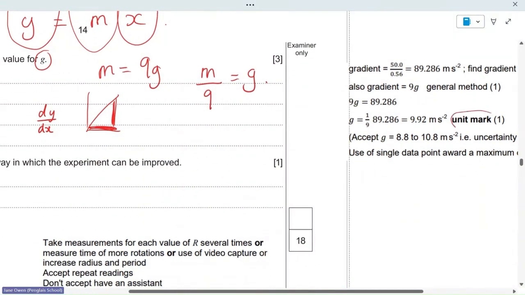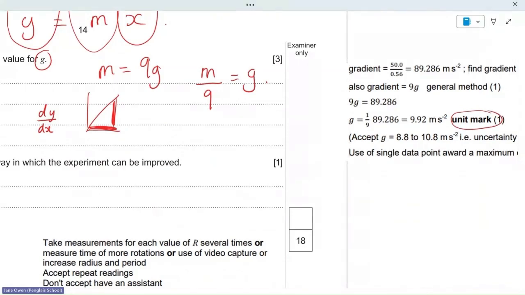But look here, they snuck this in because, you know, usually you don't need a unit on the gradient, but you do for the value of g, you see. So you've got to follow through and realize that the unit will be meters seconds minus 2.